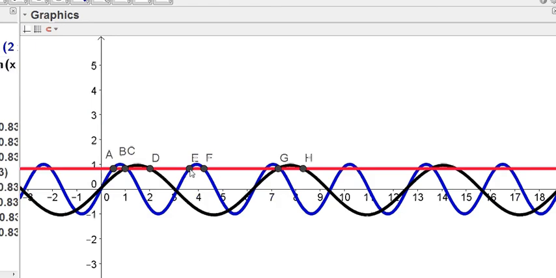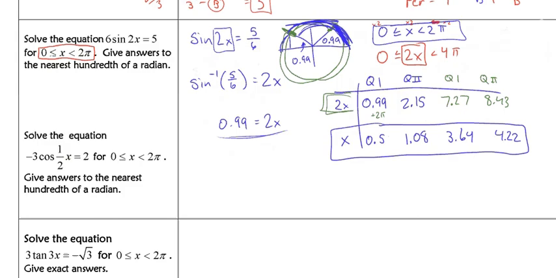So 3.64 right there at E, and 4.22 right here at F. We were able to find all 4 of those locations based on finding the 4 locations on the sine graph, and then dividing the results by 2. A long process, a lot of work, but you really can get your way through it, and this will make more sense the more we go through it and the more you practice. So watch that a few times, pause it where you need to, but I do hope that helps. All right.